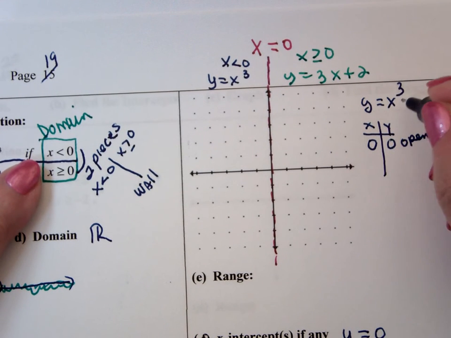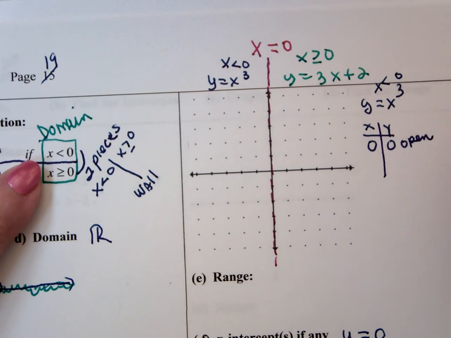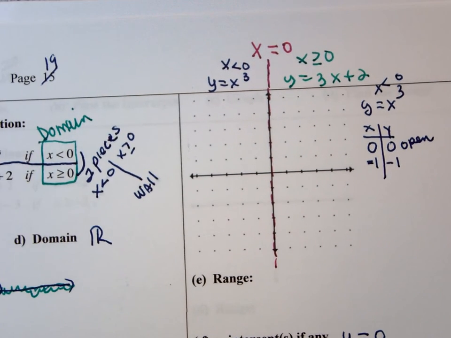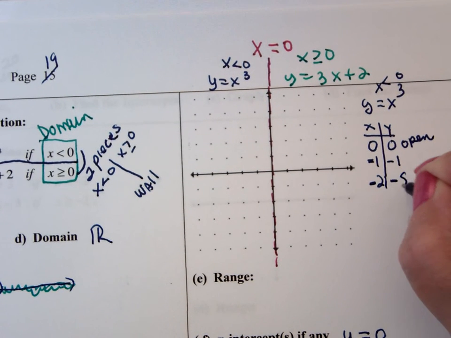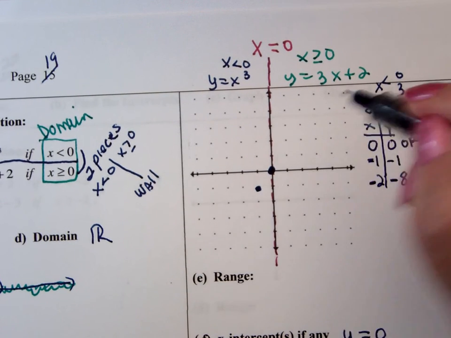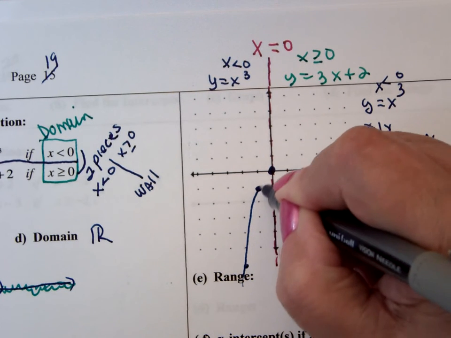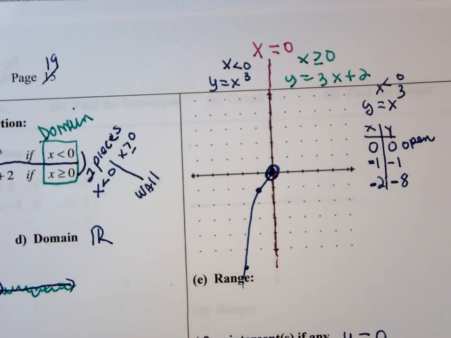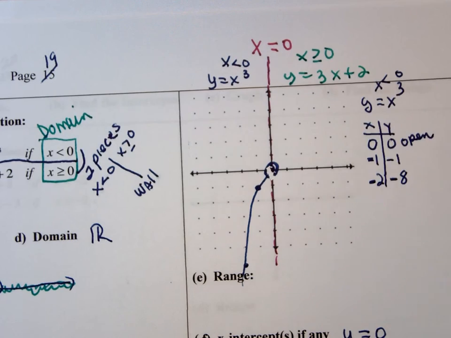I need numbers less than, remember, x is less than 0: -1, -1, and -2, -8. So 0, 0, -1, -1, -2, -8. So here he is, and then here is an open dot. That's why there isn't an x-intercept, because that guy is open.